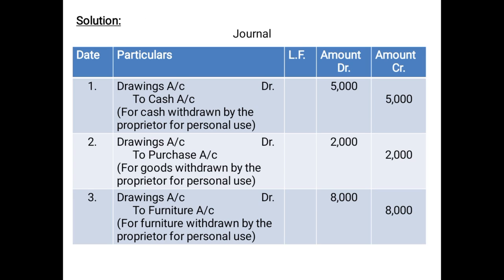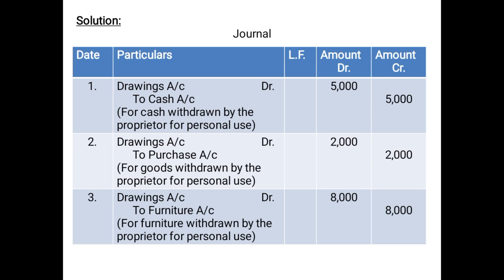The first example, for the cash withdrawn: drawings account debited 5000 to cash account 5000, for cash withdrawn by the proprietor for personal use. Second example, goods withdrawn by the proprietor: drawings account debited to purchase account for goods withdrawn by the proprietor for personal use.